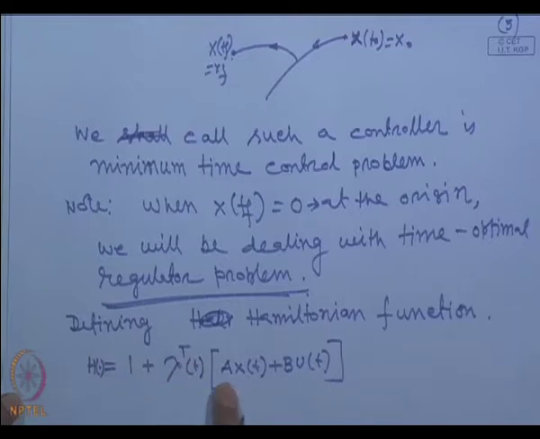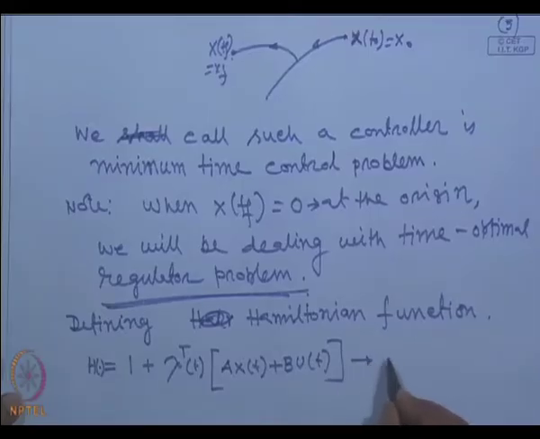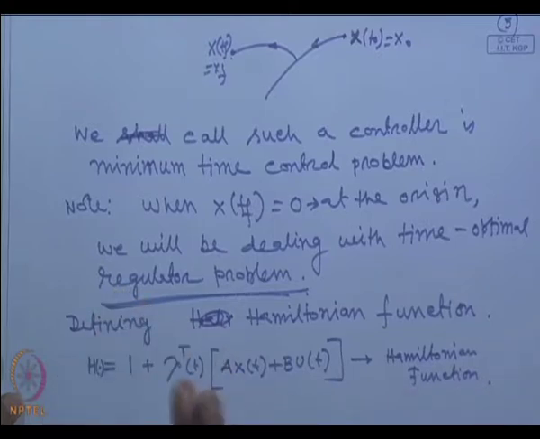This is our Hamiltonian function. The first part, in our case, is the integrand part of the performance index. Since it is a time optimal problem, the integrand part of this performance index is 1.